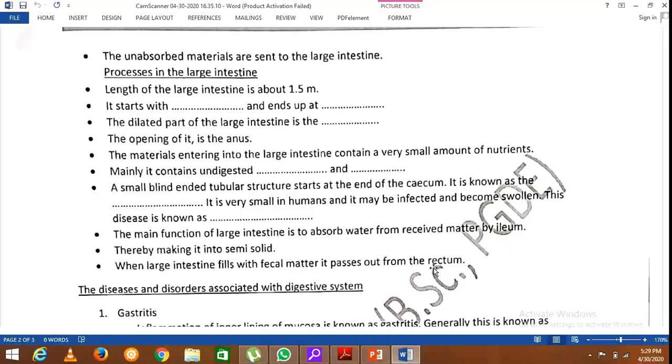Now you have gained a clear idea about the structure and function of the human digestive system.